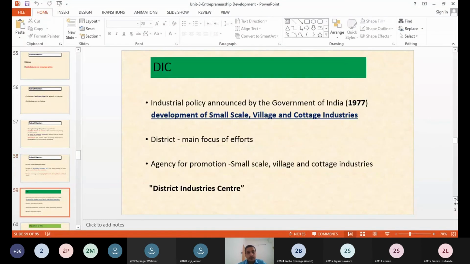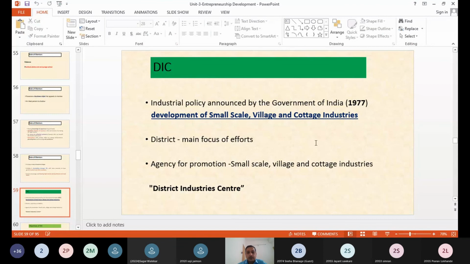Then we'll turn to another topic, that is the different agencies providing assistance to the budding entrepreneurs. The first is DIC. DIC is District Industrial Center. These DICs or District Industrial Centers are available at all district places.